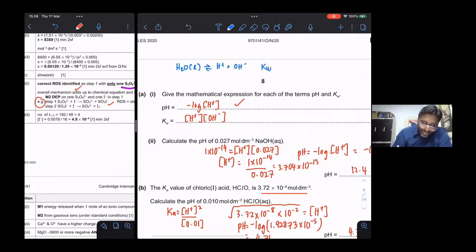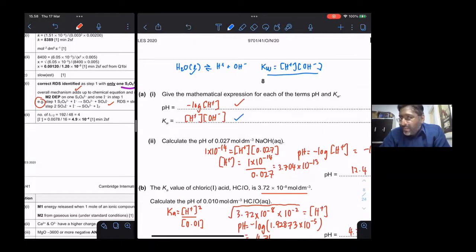So when we write the Kw, it is H+ and OH-, and we are not going to divide with H2O because H2O is a liquid. So for Kw, we just use this.